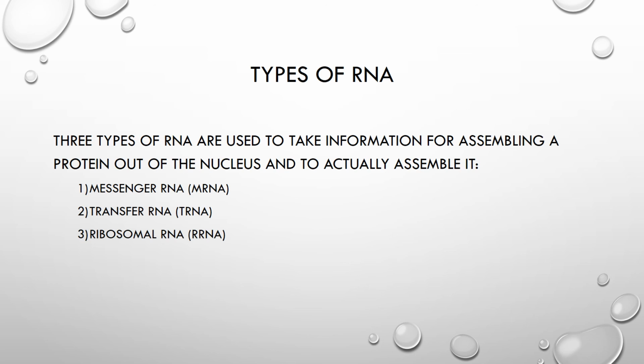To actually assemble it, we have mRNA, tRNA, and rRNA. mRNA stands for messenger RNA, and this is a specific amino acid sequence of protein products of gene expression. tRNA is transfer RNA, and it carries amino acids to mRNA at the ribosomes. And then rRNA, ribosomal RNA, is essential for protein synthesis and is what forms enzymes.